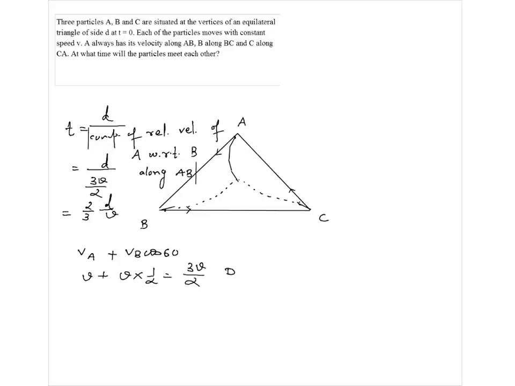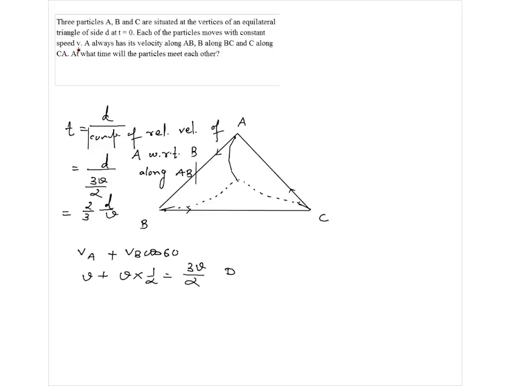Okay. Now in place of triangle, consider a regular hexagon whose side is D. There are 6 particles. Each particle has got speed v. The rule is the same. Everybody tries to go towards its neighbor.